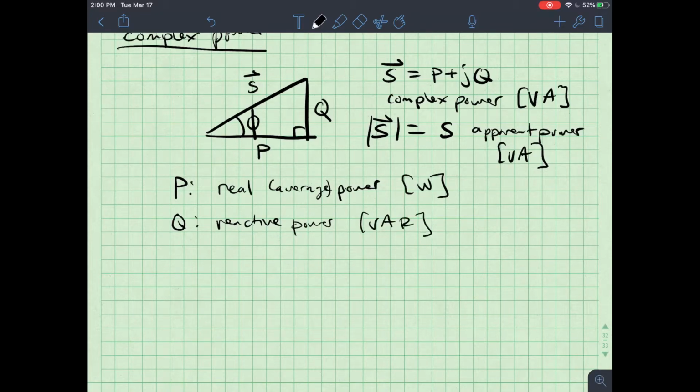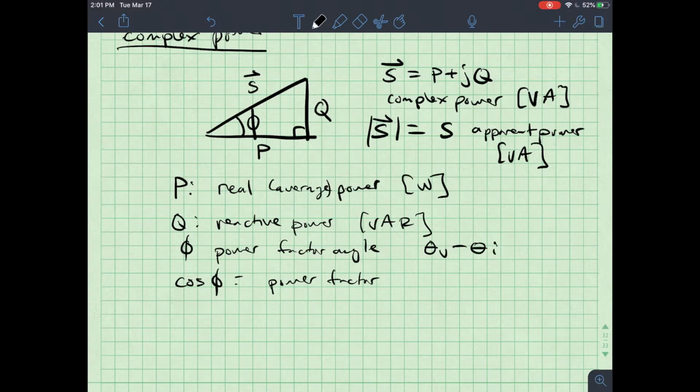Phi is what I call the power factor angle. And the cosine of phi is what I call the power factor. The power factor angle is theta V minus theta I.